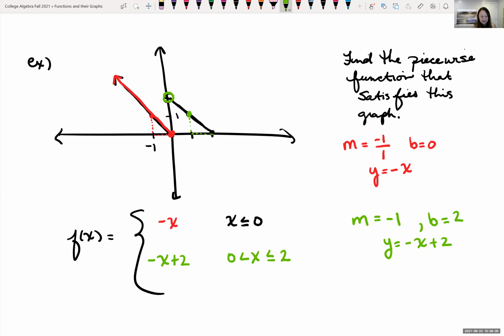I am hitting 0, and I'm hitting all the y values above the x-axis. So it'd be 0 to infinity. Looking at that, it's decreasing everywhere. I would say negative infinity, I'd probably stop it at 0. And then I would say 0 to 2.